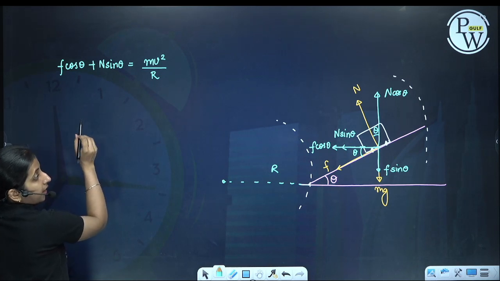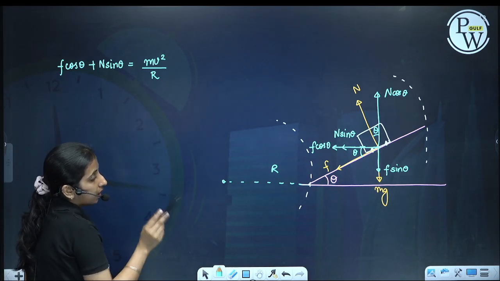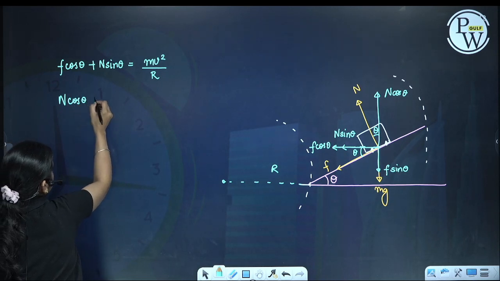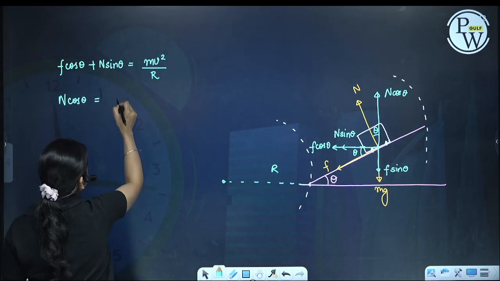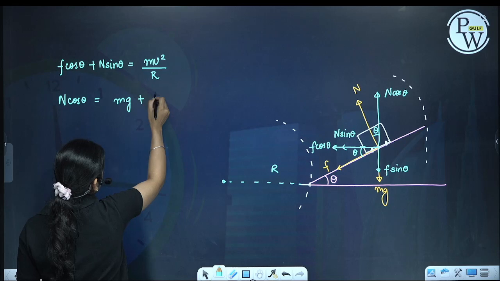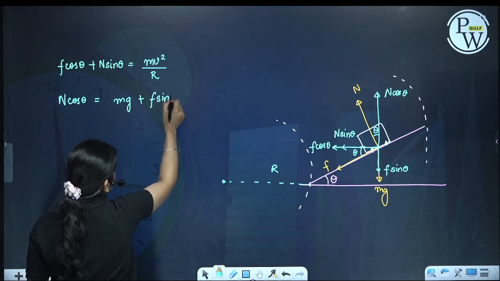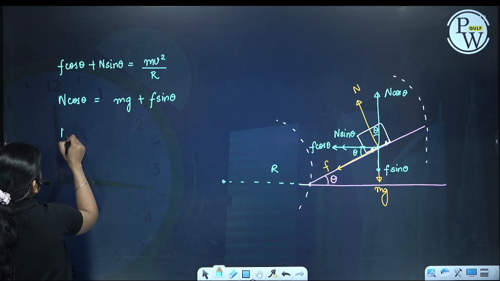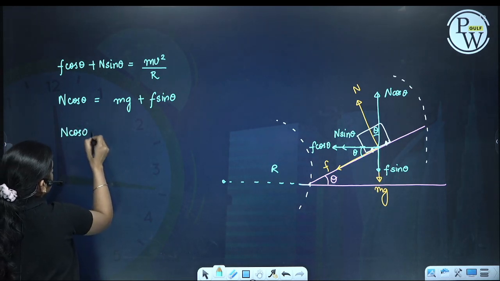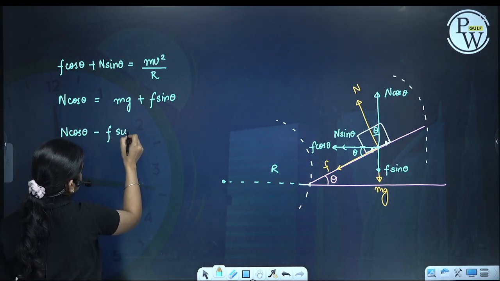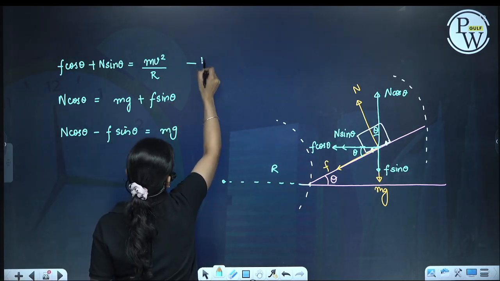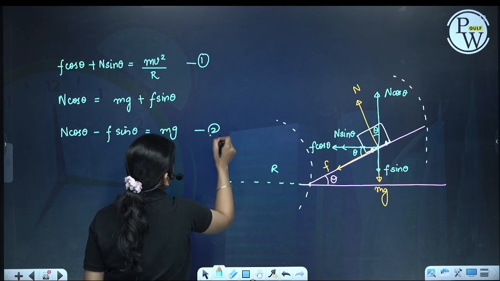Now n cos theta will be balanced by f sin theta plus mg. So from here we will get that n cos theta minus f sin theta is equal to mg. Name it as equation number 1 and the other as equation number 2.